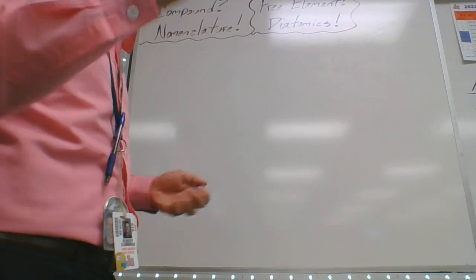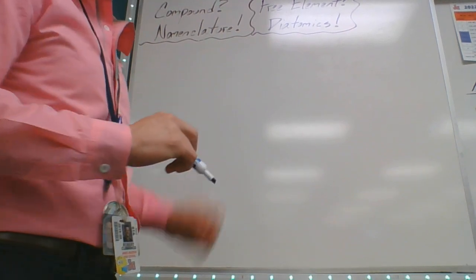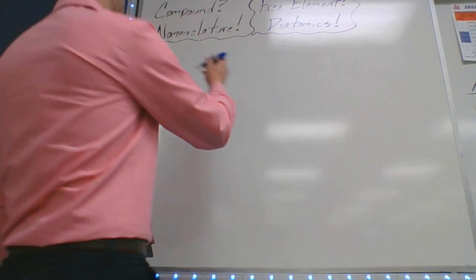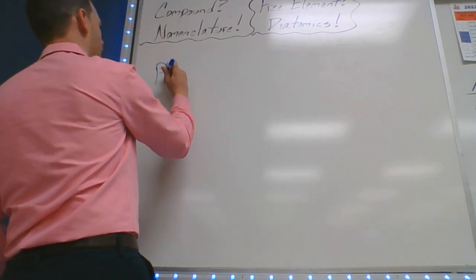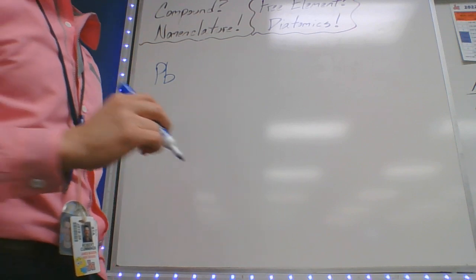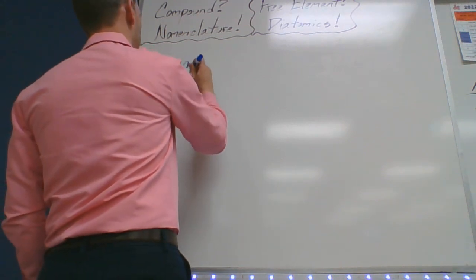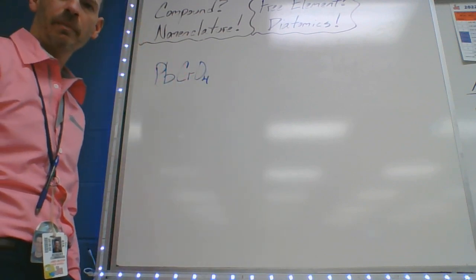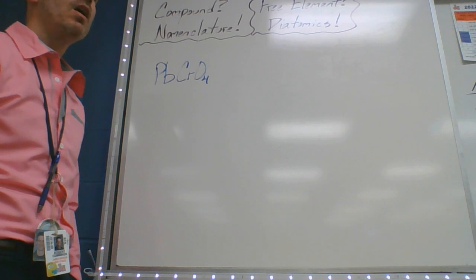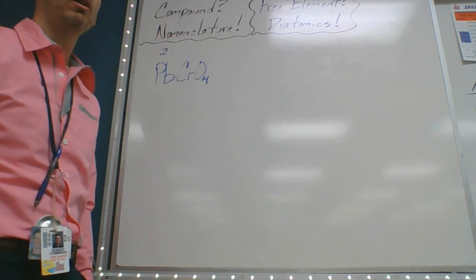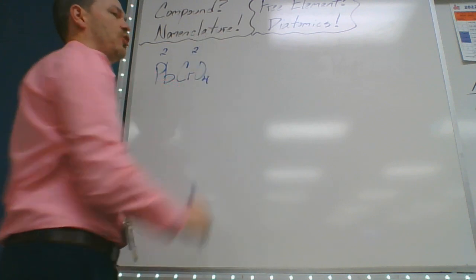All right. We will draw some cards on this one, but I will translate for you. Lead is Pb. It gives me the Roman numeral 2. That's important in a moment. Chromate is CrO4 from your polyatomic list. The Roman numeral 2 tells me that his charge is 2, and chromate's charge is 2.